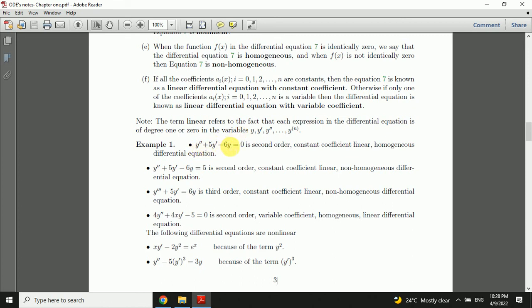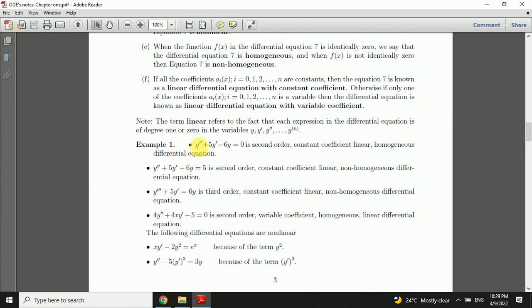And this equation is being equated to 0. And we say that if the equation is equal to 0, then it is said to be homogeneous. So, in brief, we are saying that this differential equation here is second order, and it's a constant coefficient, linear, homogeneous differential equation.